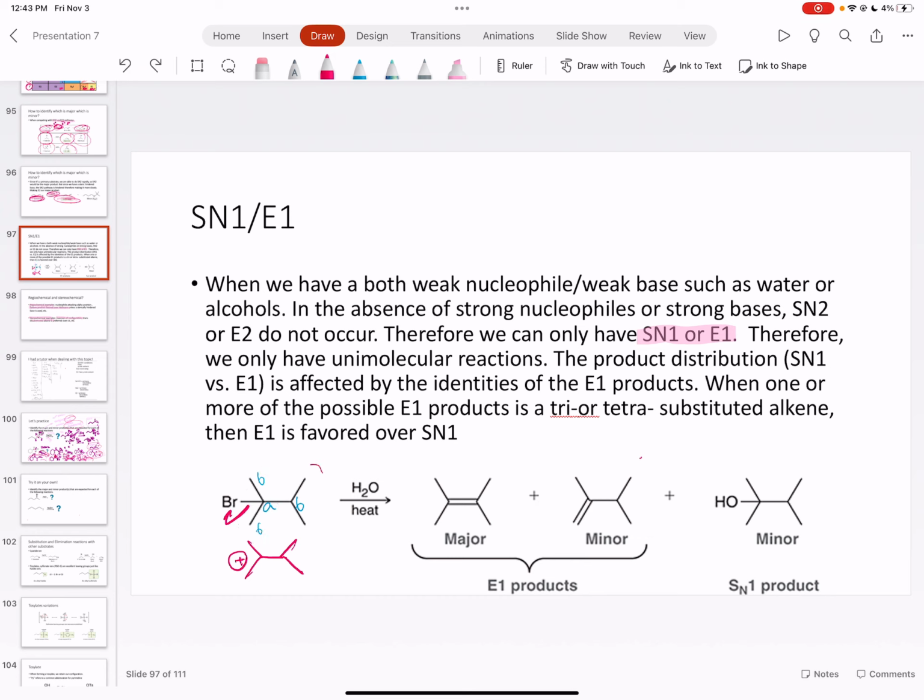Well, if I remove a hydrogen from here, I'm going to get this product in here, and this is going to be tetra substituted. Okay, now we know the name, tetra. And then this one is going to be di. So we prefer a tetra substituted over a di substituted. That's why this one is my major product, and then this one is my minor product as well.